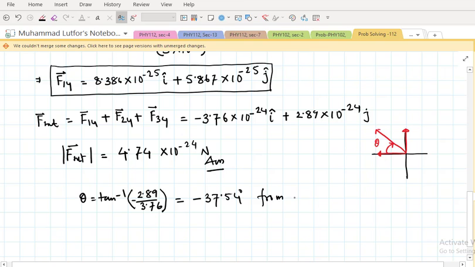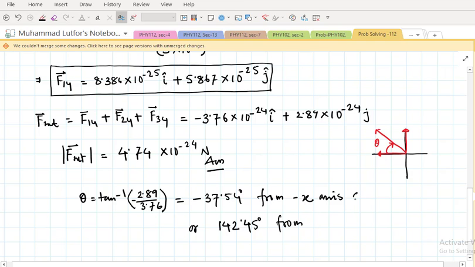from the negative x-axis, or you can write 180 degree minus 37.54, which is 142.45 degree.